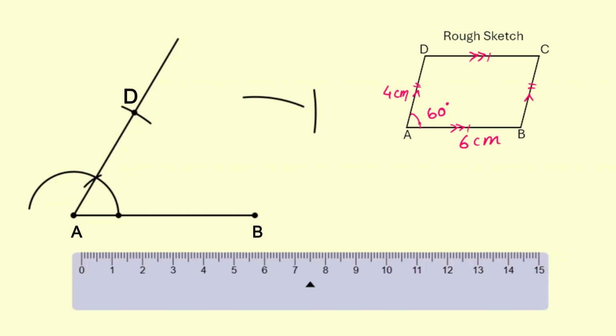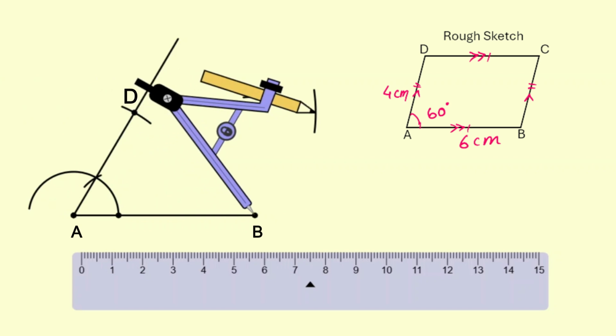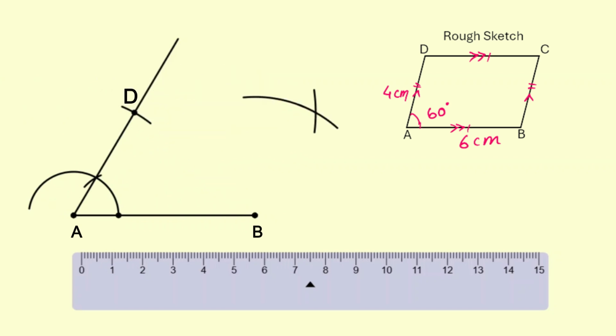Oops, the previous arc came shorter. So I have to again make 4 centimeter in my compass, put my compass at this point and increase the length of this arc to get point C. Let's join all these points.